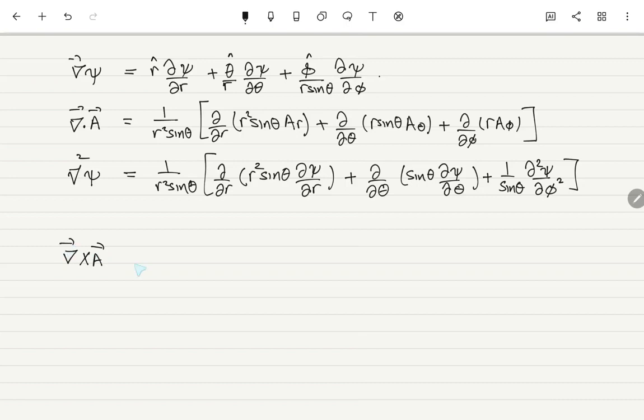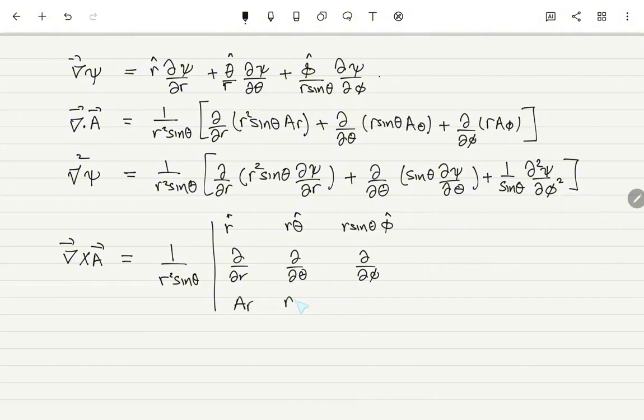In spherical coordinates, it's equal to 1 over r squared sine theta times the determinant with r hat, r theta hat, r sine theta phi hat, then partial r, partial theta, partial phi, then A r, r A theta, r sine theta A phi.